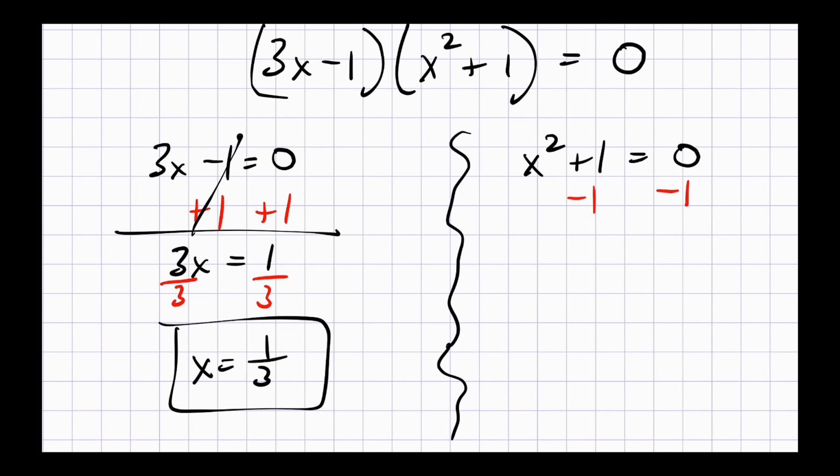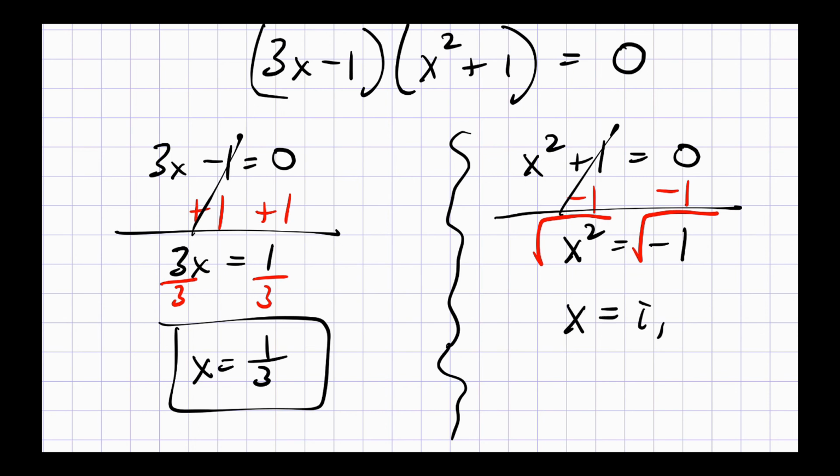Subtract 1, subtract 1. Opposite of squared is square root, right? So what's the square root of negative 1? i and negative i, or negative 1i. Either one works. So there's all my three answers. 2 imaginary, 1 real. Okay.